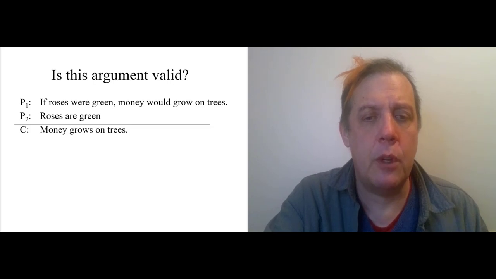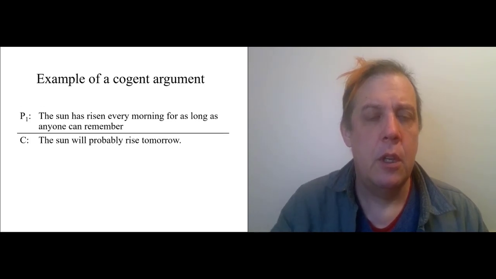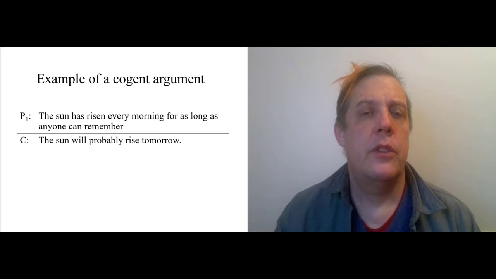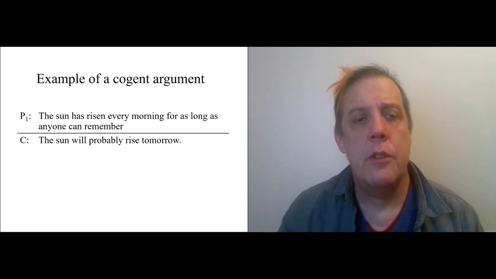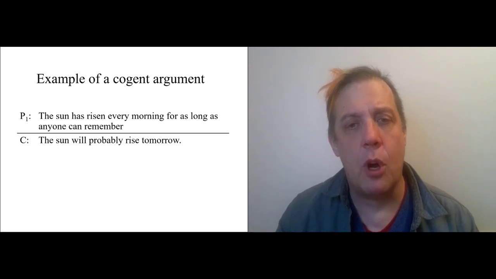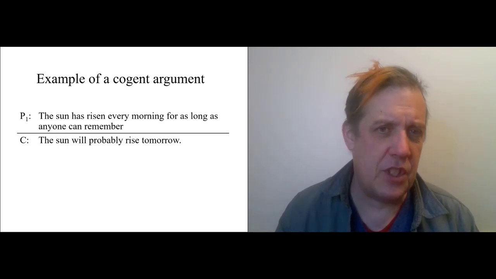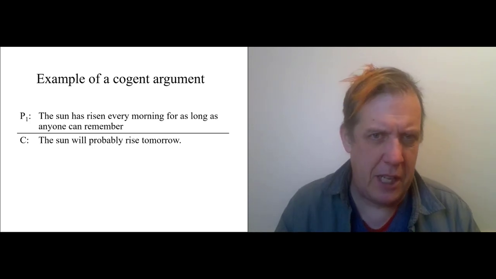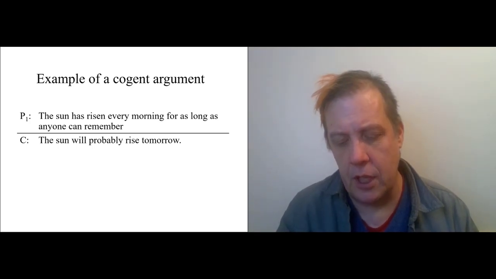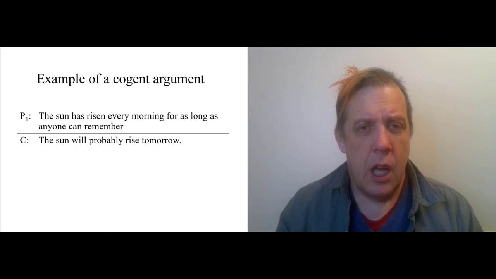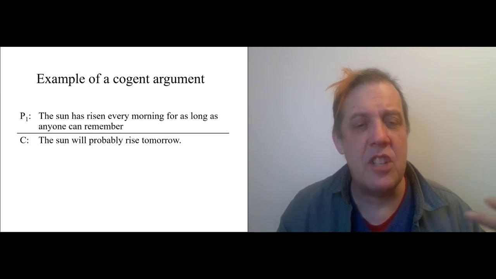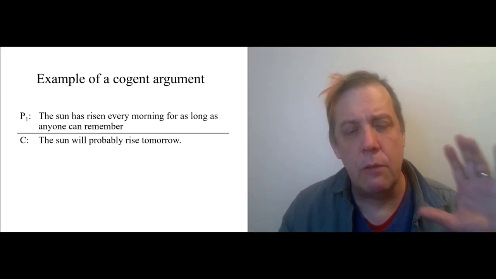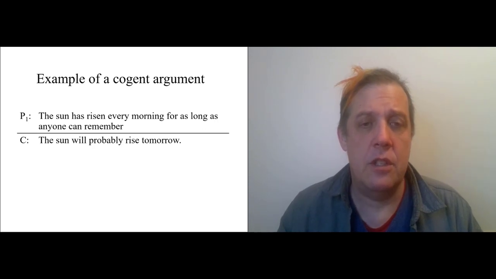All right, I'm going to leave you with one final argument. This one is cogent. The sun has risen every morning for as long as anyone can remember. Therefore, the sun will probably rise tomorrow. You may think of the sun will come up tomorrow as an absolute certainty. But by the standards that gave us mathematical validity, it's not a certainty.